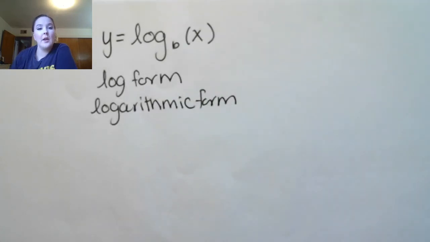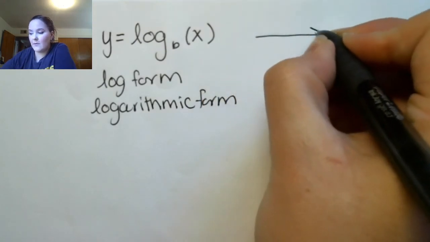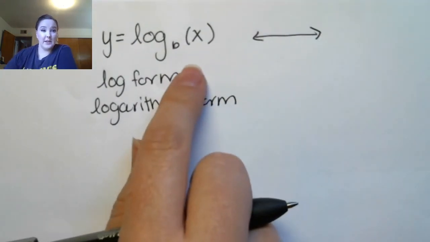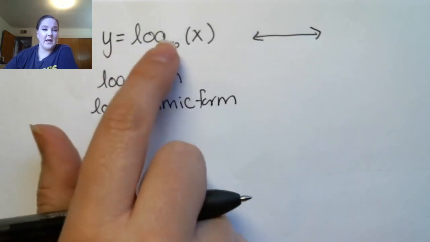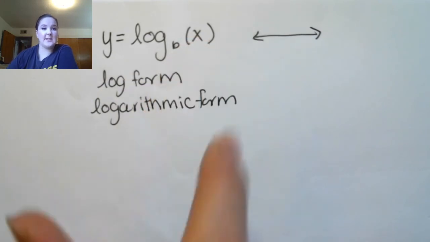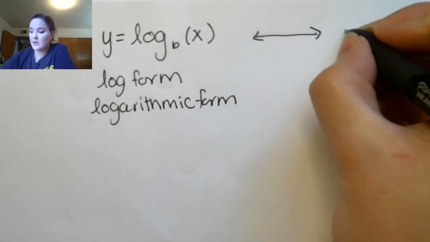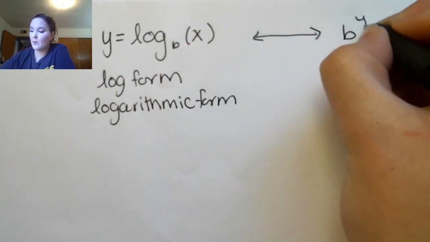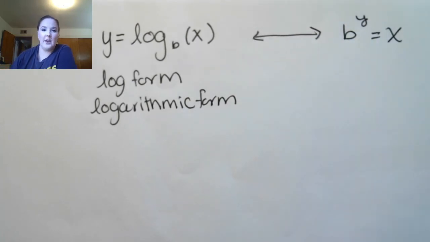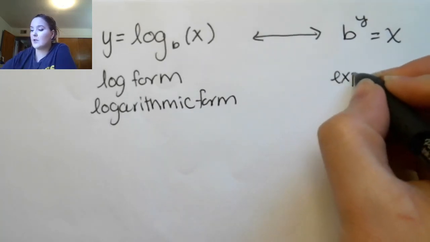But there's another way to write this exact same information. So what does this mean? It means that if you raise b to the y power, you get x as an answer. And because this has an exponent, this is called exponential form.